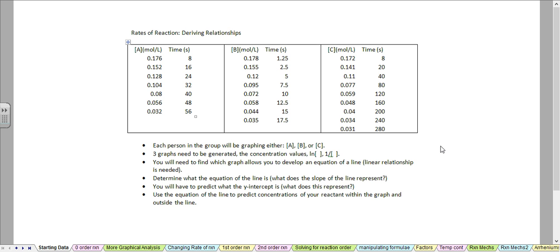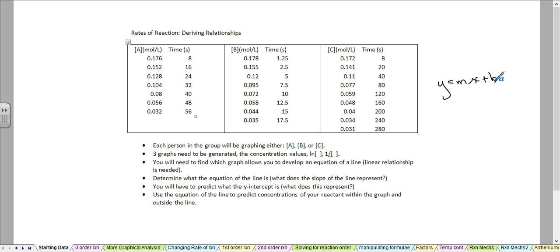We're going to do a little activity where we graph each reactant's concentration over time, and we're going to try and determine if there's a type of graph we can use that will give us a nice straight linear relationship, a line, because if we have a line, then we can analyze the graph using the equation of the line, y equals mx plus b.